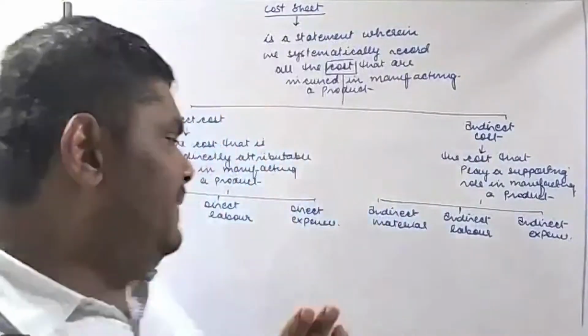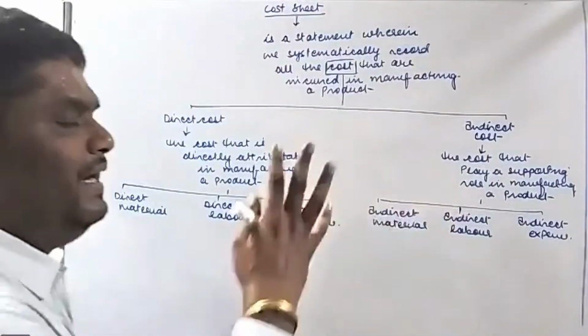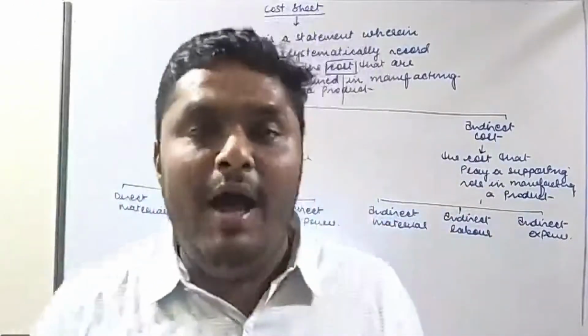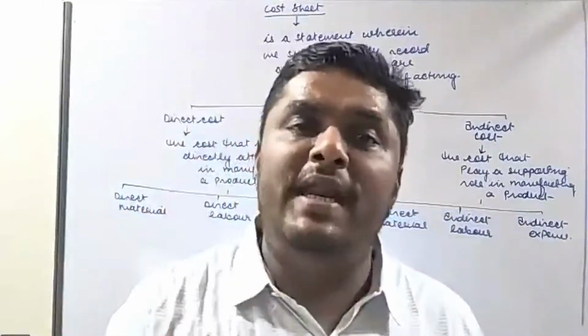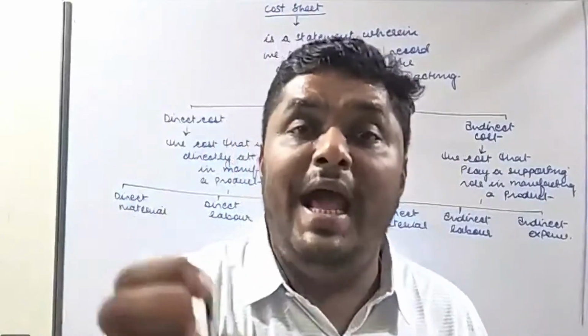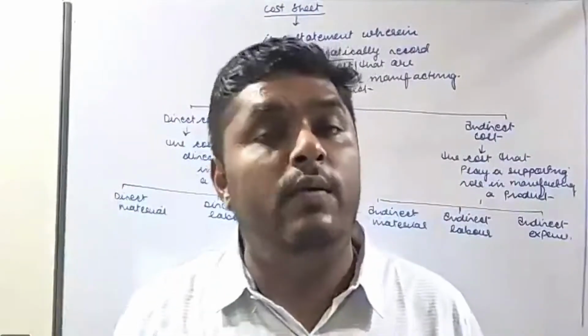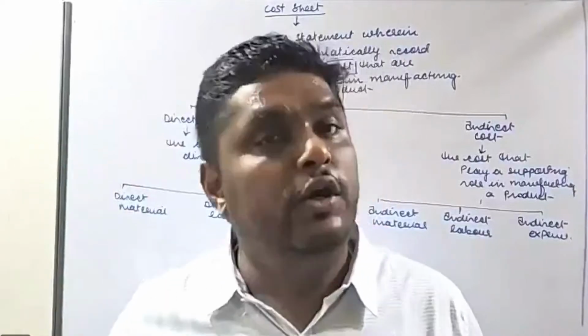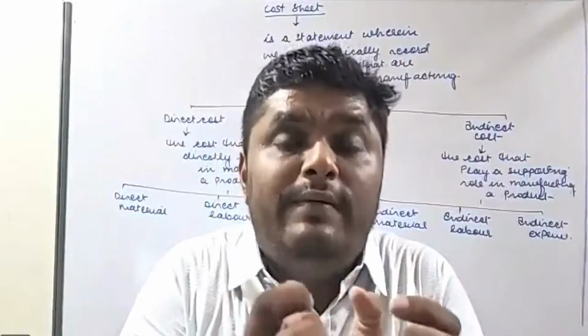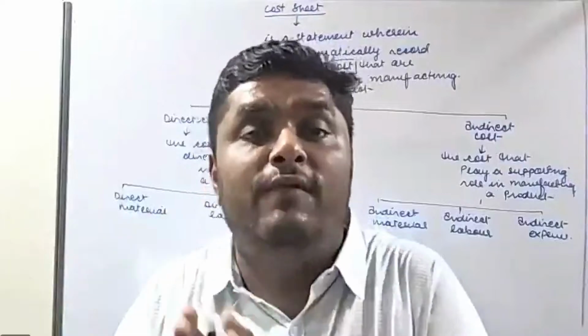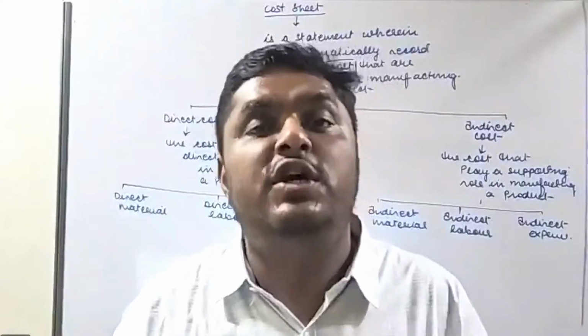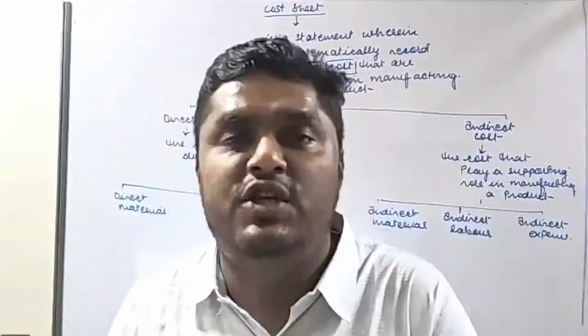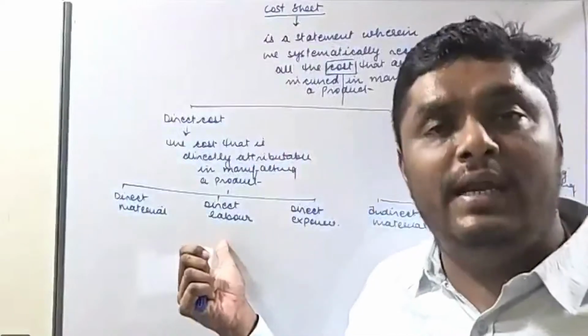Now, let me discuss the concept of direct and indirect labor. Again, the same example. Let's say I'm the manufacturer of shirts and I have appointed a team of 100 workers. They are stitching my shirt and converting it into the final product. Whatever amount is paid to the workers who are actually stitching the shirt is my direct labor.